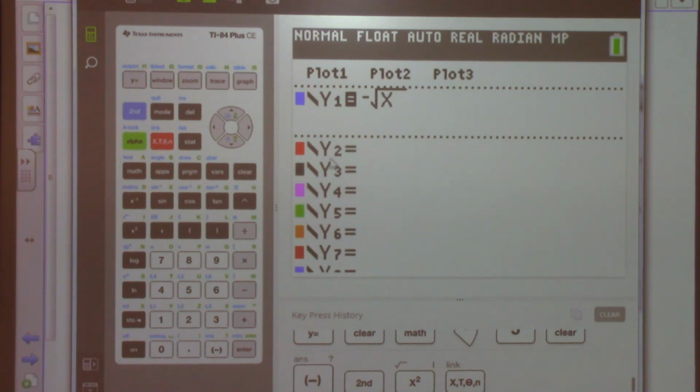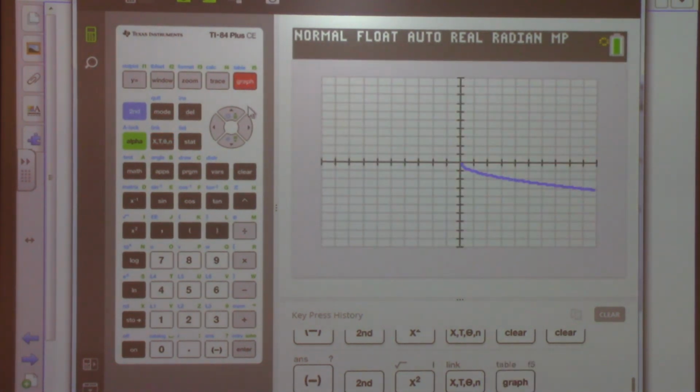Let me clear out and show you again. I press negative, then second, squared. Then graph. Error? One thing you need to do is put this negative sign instead of the minus. Will that fix it for you? Yeah, try that, see if that works. Sometimes that works.